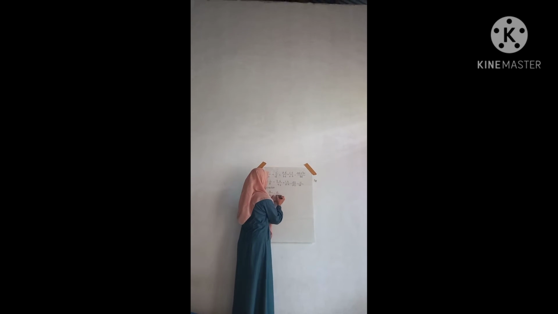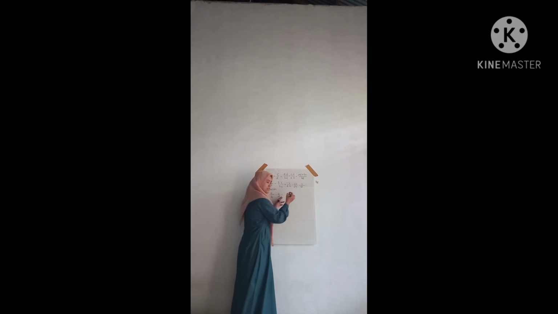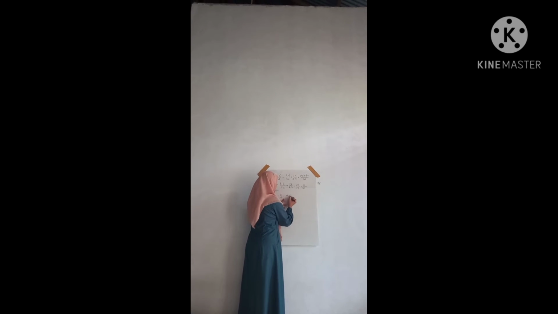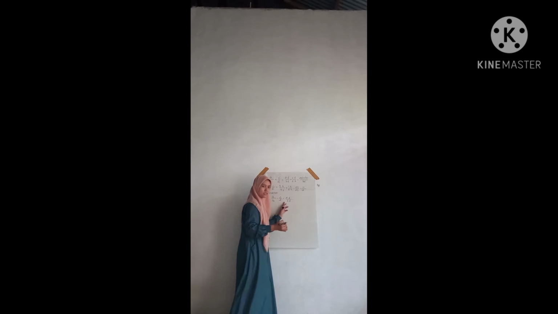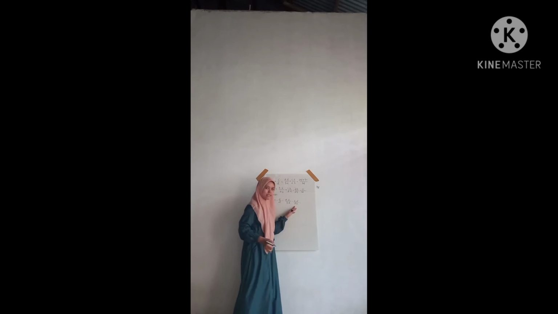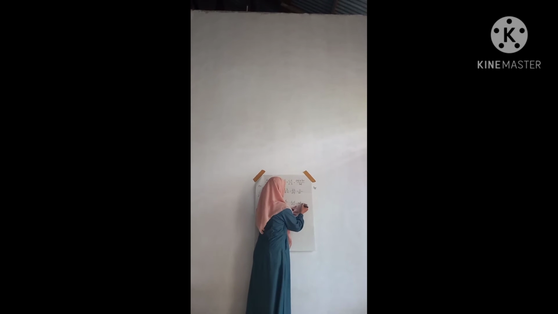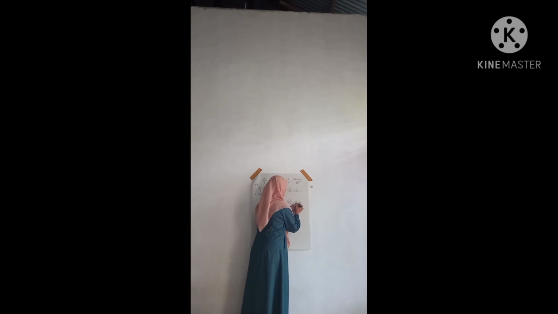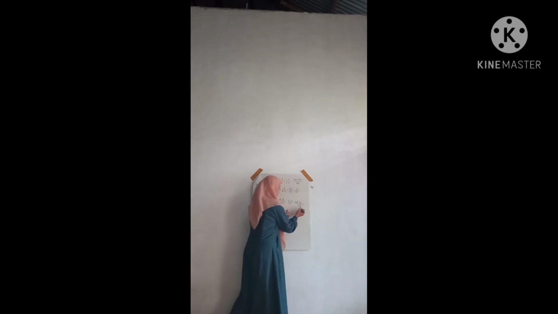A over B minus C over D equals A times D over B times D minus C times B over D times B, equals AD minus BC over BD.